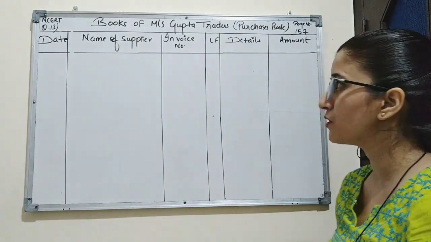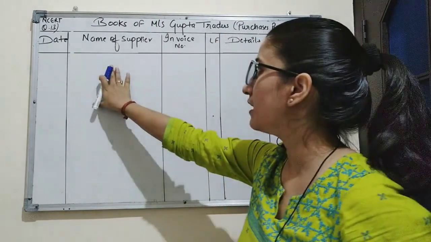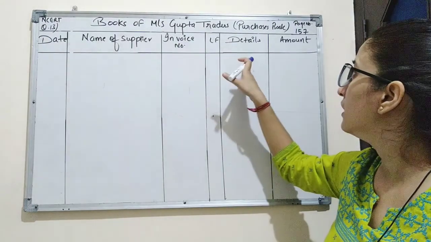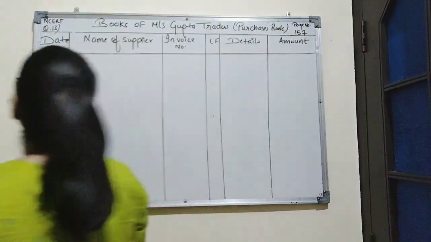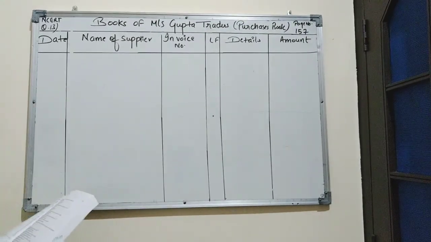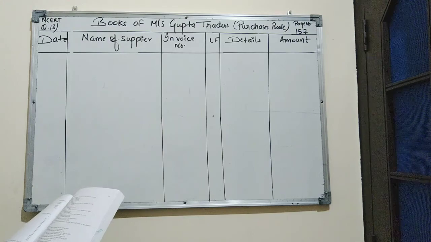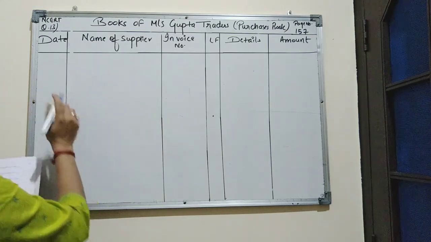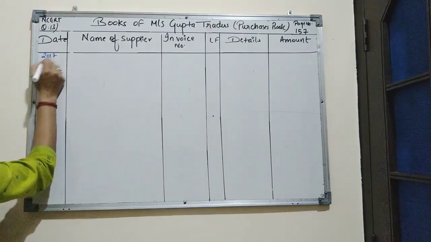This is the format of purchases book, where the first column consists of date, then name of supplier, invoice number, ledger folio column, details and amount. Now, on 1st July, bought from Rahul Traders as per invoice number 20041. So here the date is 1st of July 2017.